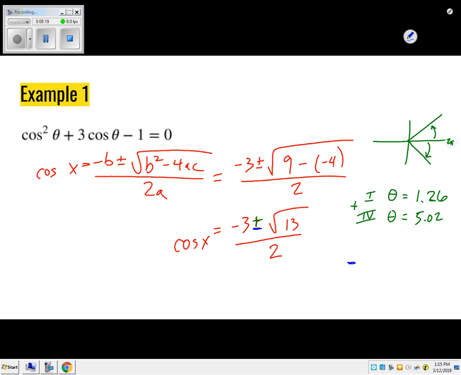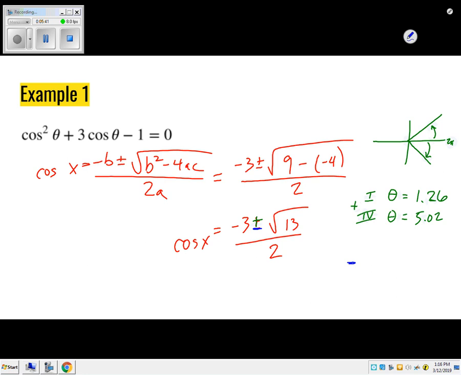So the negative is going to be defined in which quadrant? Oh, wait, did this give me a negative value? It gave you domain error. What was negative 3 minus the square root of 13? Negative 3.30. Then did you divide that by 2?